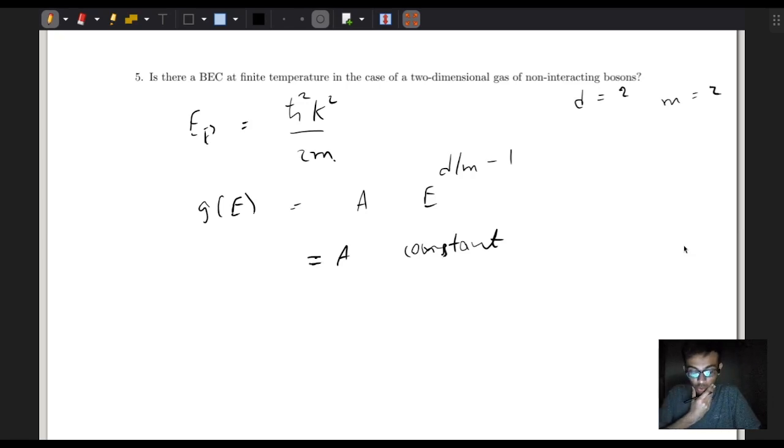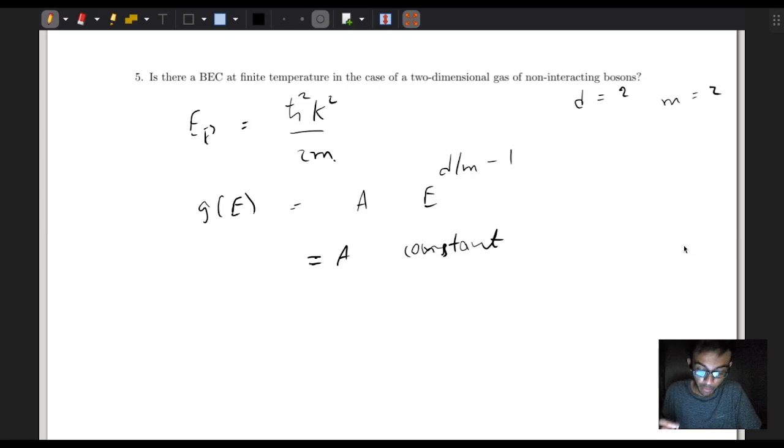So to find out whether there's a phase transition at any finite temperature or not, we can just look at the particle number equation and try to see whether it is possible to choose a fugacity or chemical potential such that there is no macroscopic number of particles in the single particle ground state.